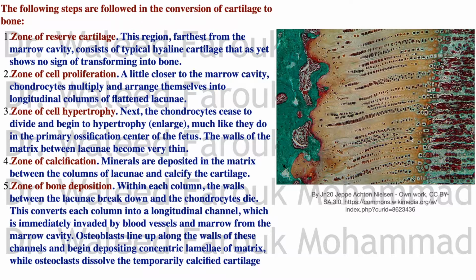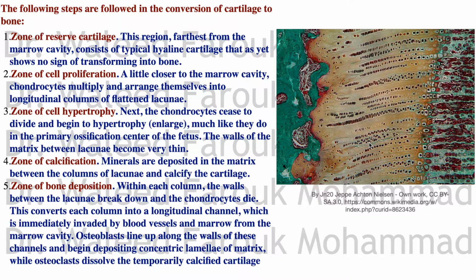Then comes the zone of cell proliferation. It's closer to the marrow cavity, and chondrocytes in this zone multiply and arrange themselves into longitudinal columns of flattened lacunae. Then comes the zone of cell hypertrophy.